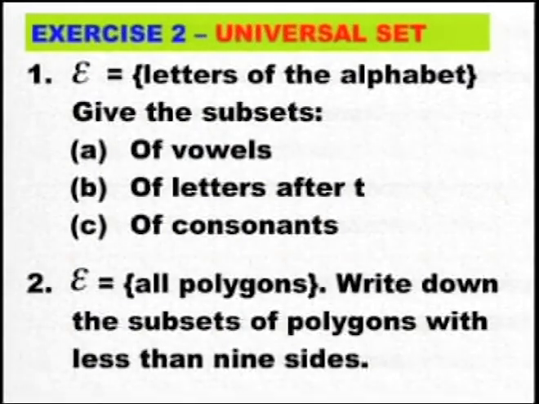So A is not a subset of 3 and 8, because 3 is not in it. So this one is false, this one is true. A contains the set 4 and 6, or we could say 4 and 6 is a subset of A. Clear?